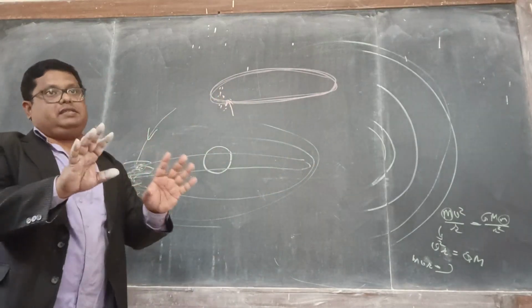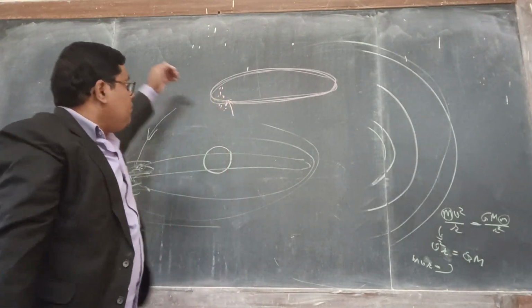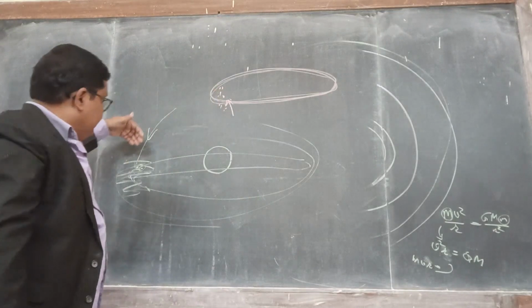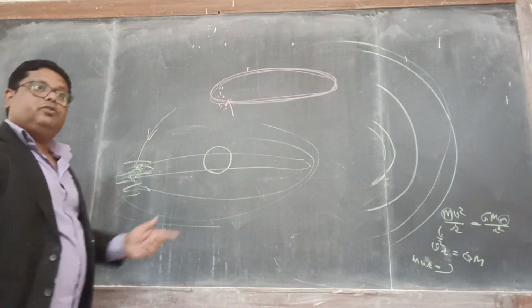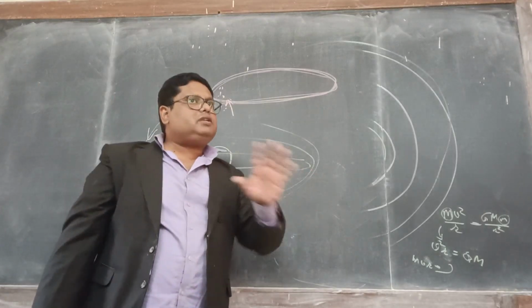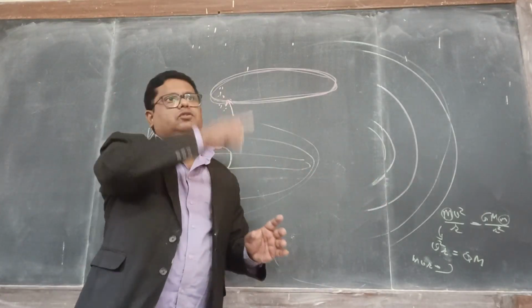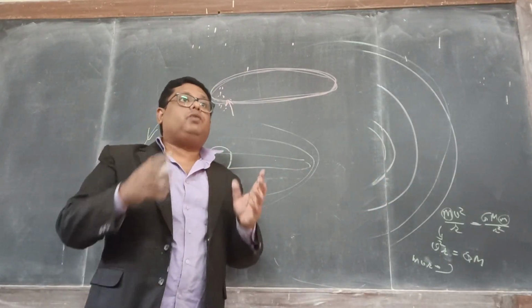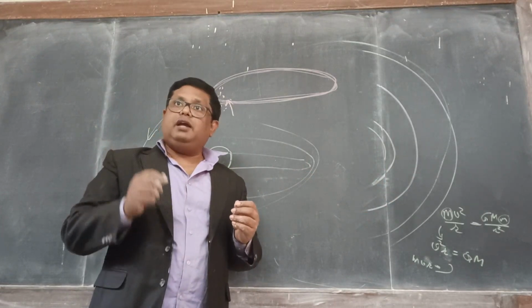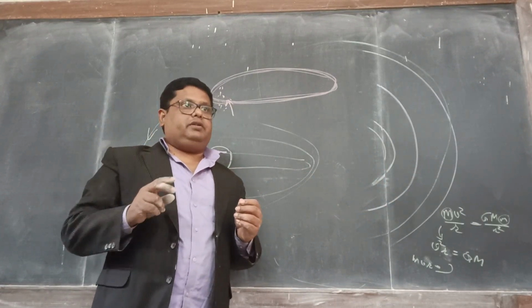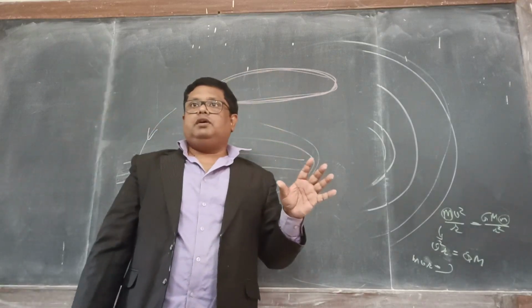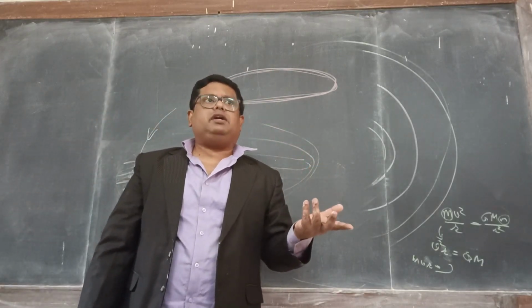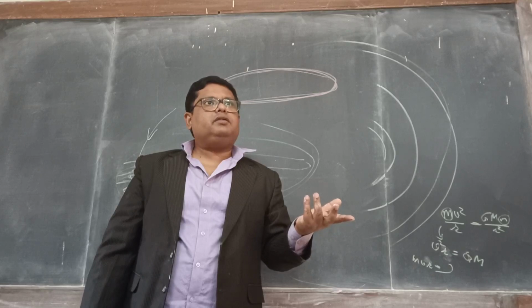If I keep it as it is, suppose there is some particle which enters the trajectory, say for example a comet, then we can have an outgoing spiral. But if nothing happens, it keeps on going in a circular orbit, what will happen? Now, very important point. You have to understand that the gas particles that I am talking about, are they neutral or are they charged? What do you think?